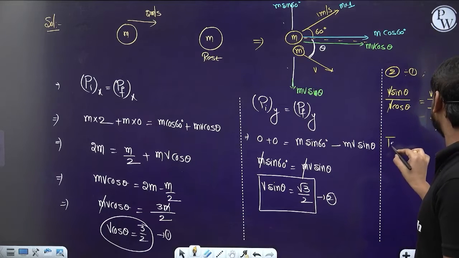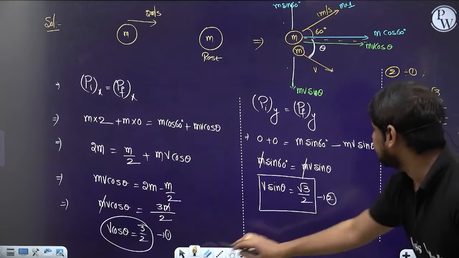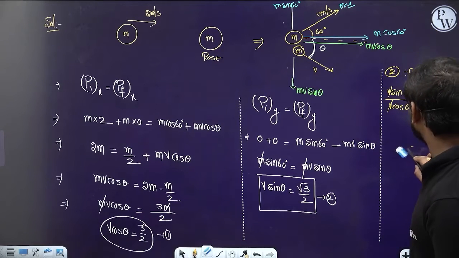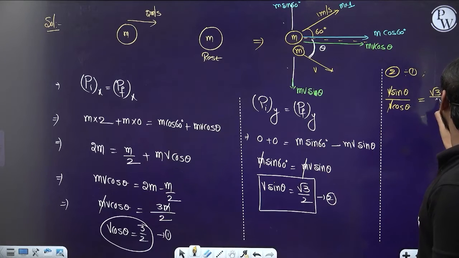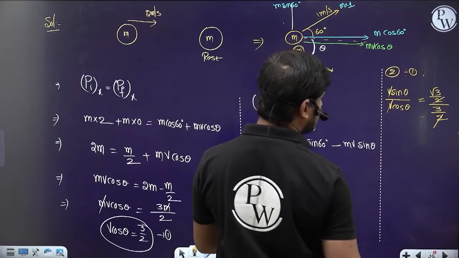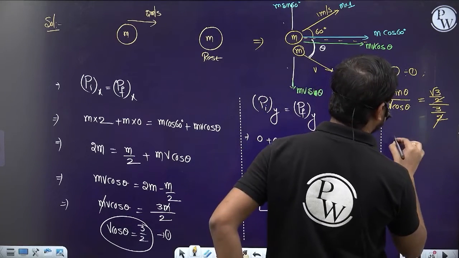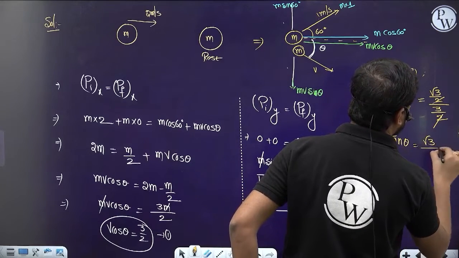Sin theta by cos theta is tan theta. So tan theta is equal to root 3 by 3.